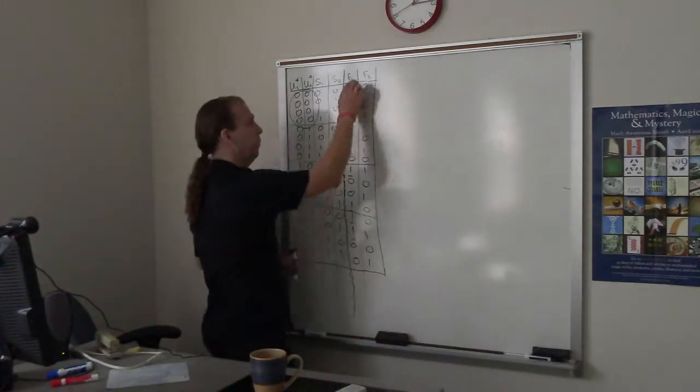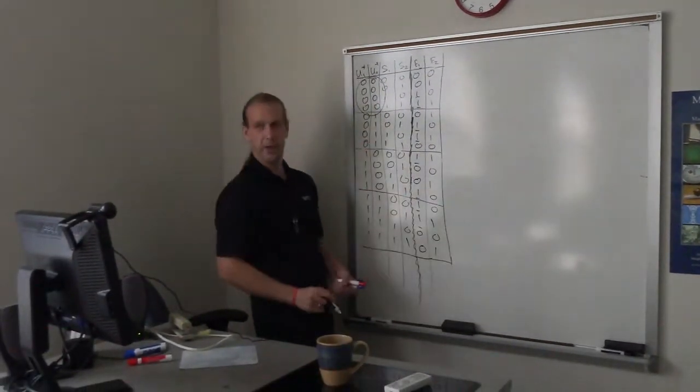And start from F1. It will be a 4-variable Karnaugh map.